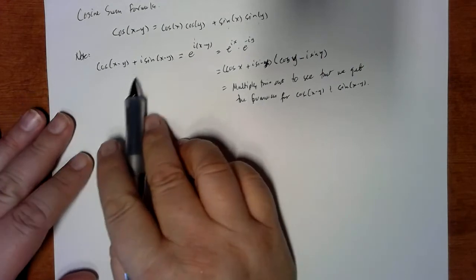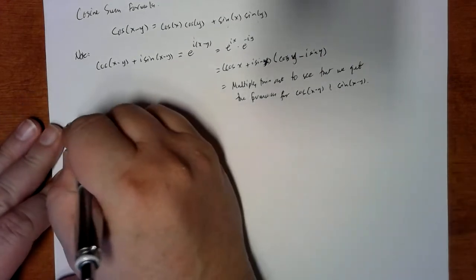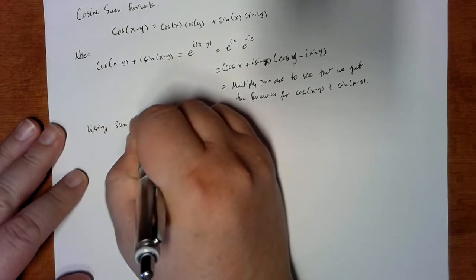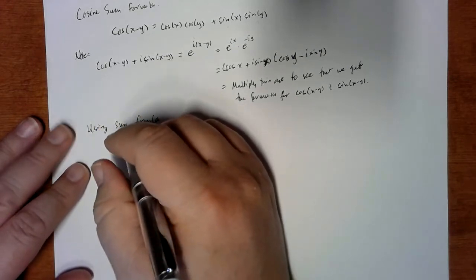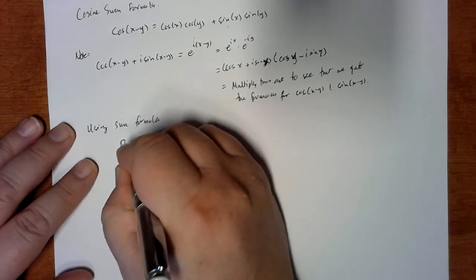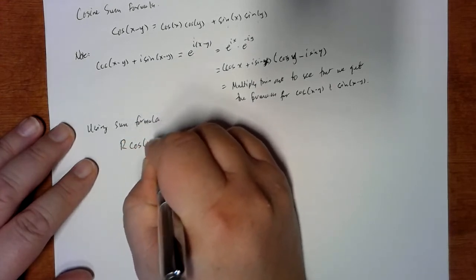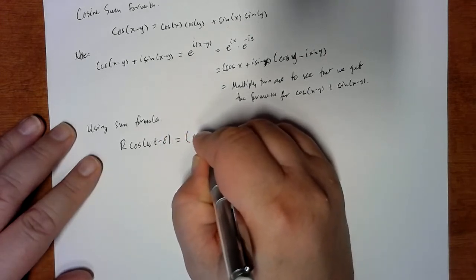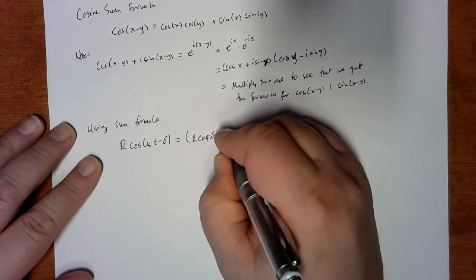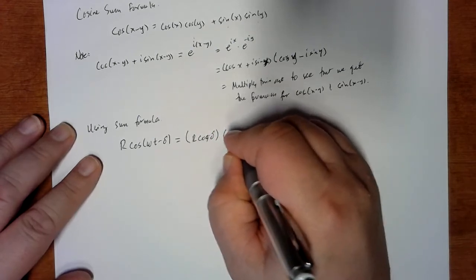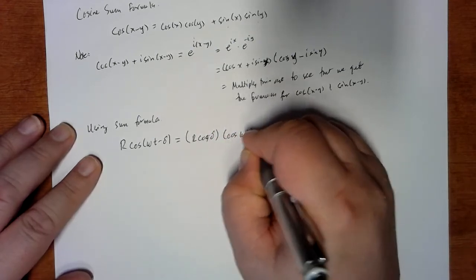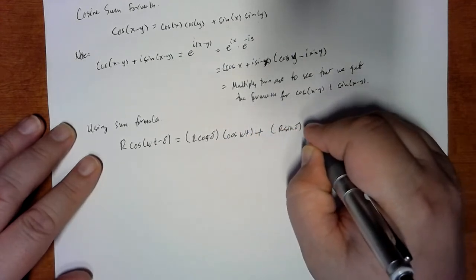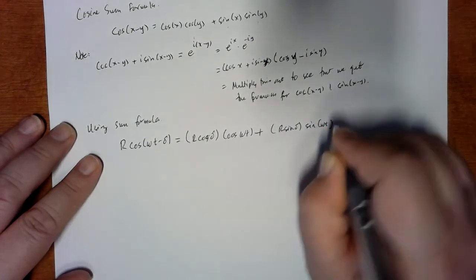Okay, so I want to say using the cosine sum formula, we can prove the following results. If you take r times cosine of omega t minus delta, that's equal to r cosine of delta times cosine of omega t plus r sine of delta times sine of omega t.